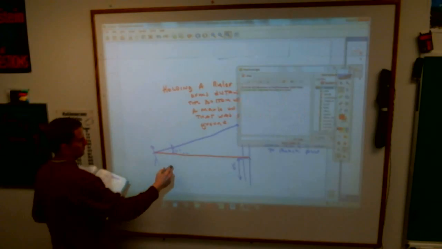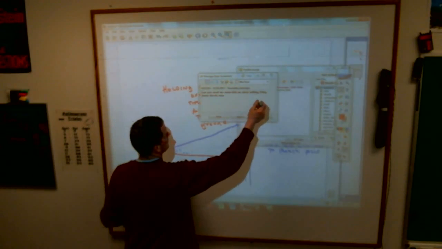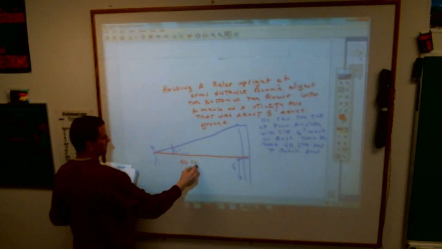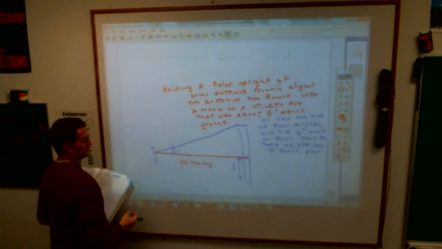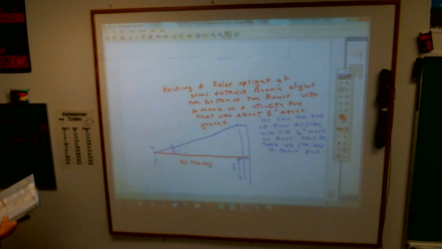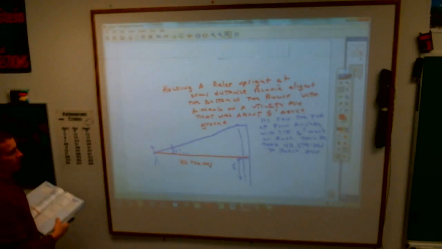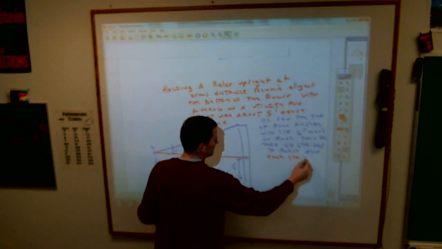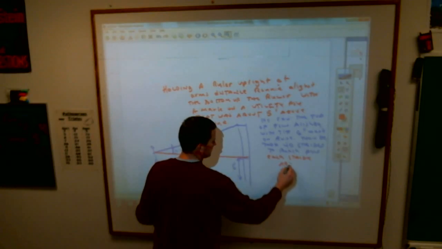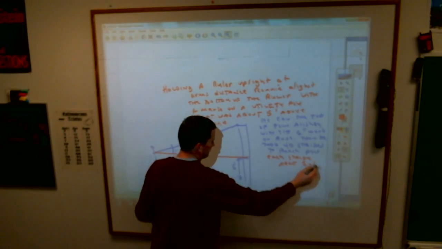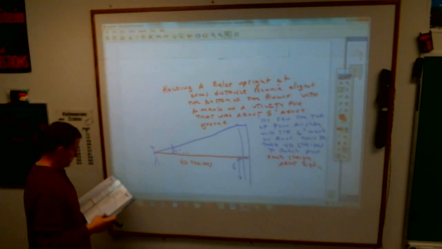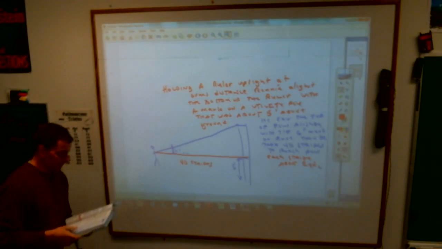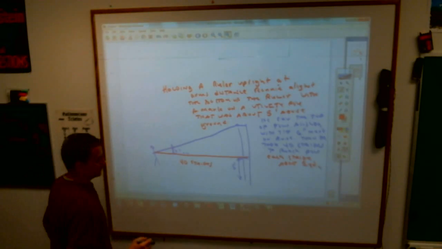How far was it? 40 strides. If each stride was about a yard, about 1 yard. Here comes the question. Then the top of the pole is about how many feet? How tall is the pole?